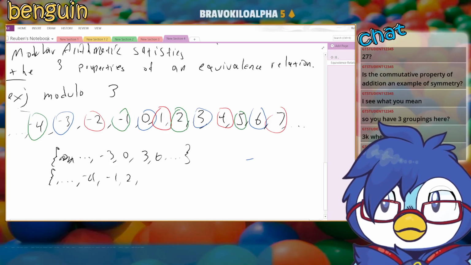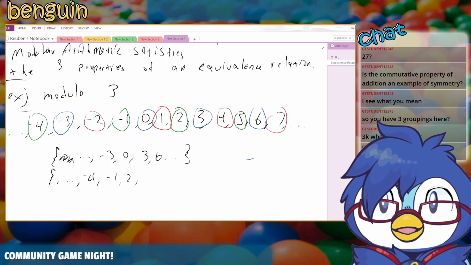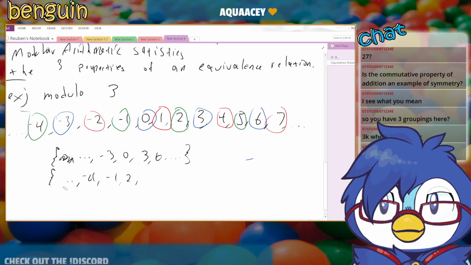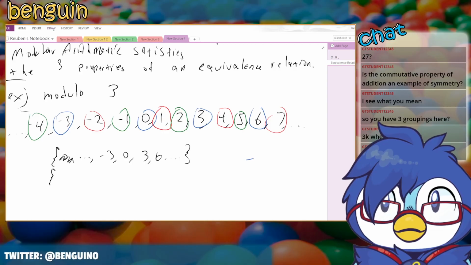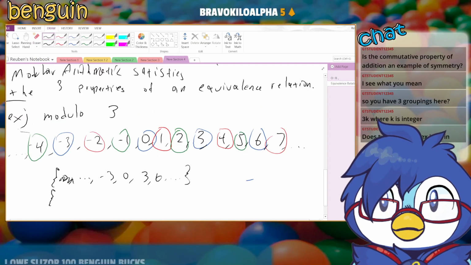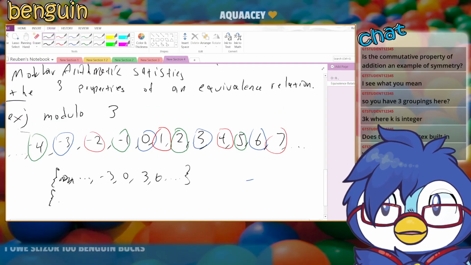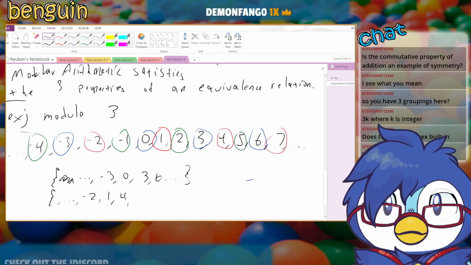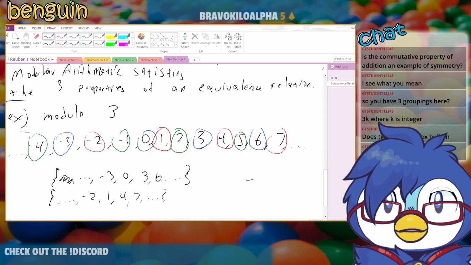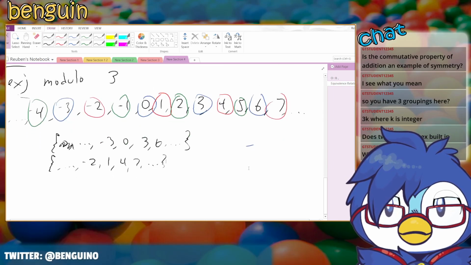Sorry, I was looking at the wrong one. I want to put these in order, I think that'd be a bit better here. Okay, let's look at the red ones: -2, 1, 4, 7.